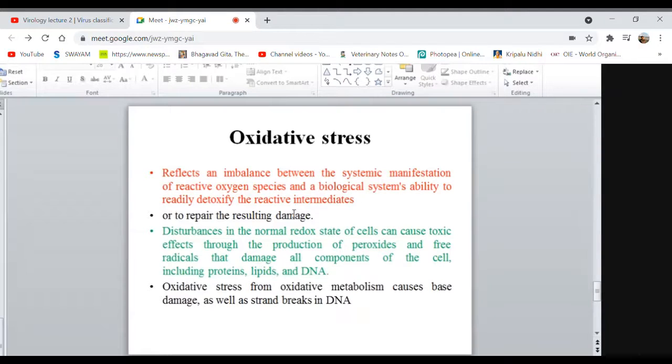This oxidative stress also causes different base damage. The nitrogenous bases in DNA and RNA can be damaged by oxidative stress or by these reactive oxygen species. They are also responsible for breaking the strands in the DNA. DNA strand breaks also occur because of oxidative stress, reactive oxygen species or free radicals.